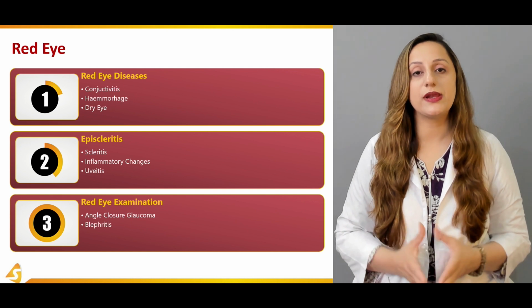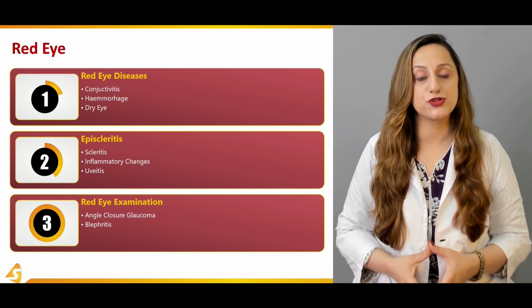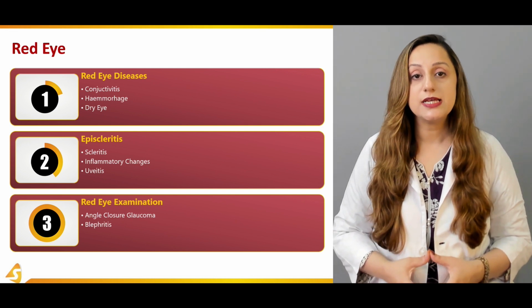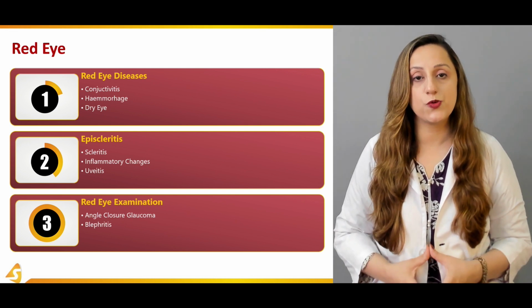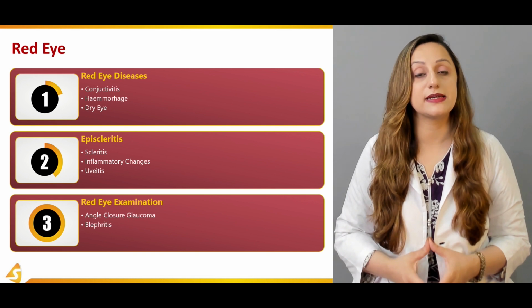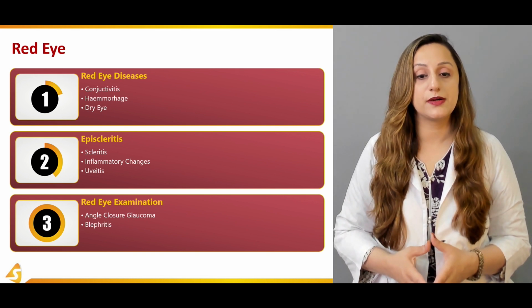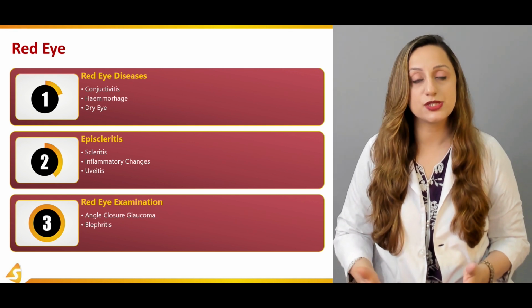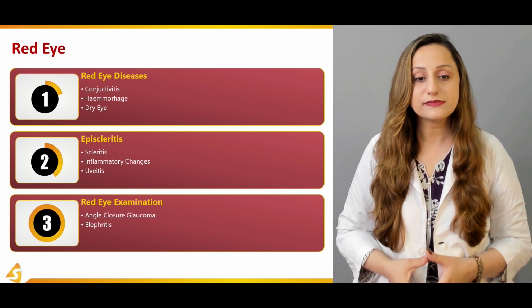Making the patient well aware of this condition and giving him the core knowledge is very important. The dry eye syndrome or keratoconjunctivitis are some of the other causative factors which can again correlate to a red eye in a person.